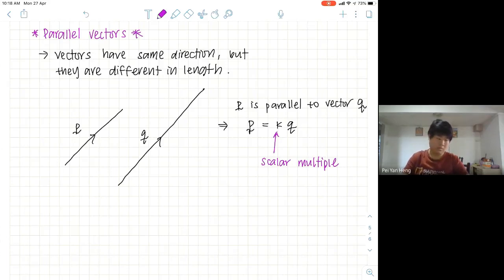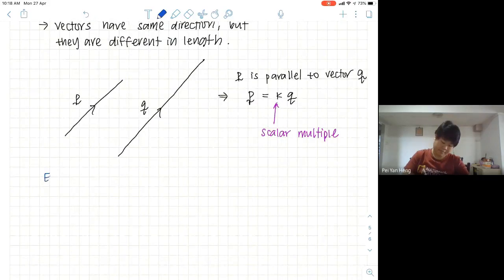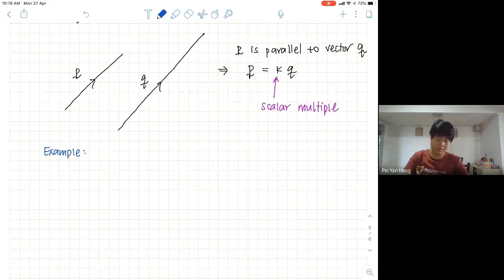Do I have an example for you? Okay, example before we end off. I'm using exercise 6.2, question 11.